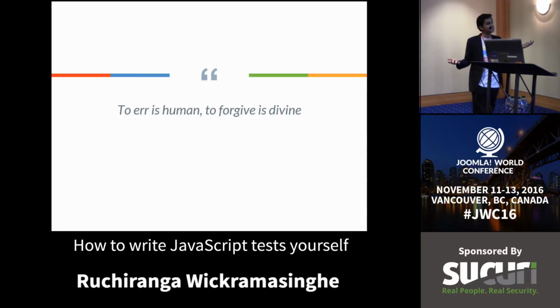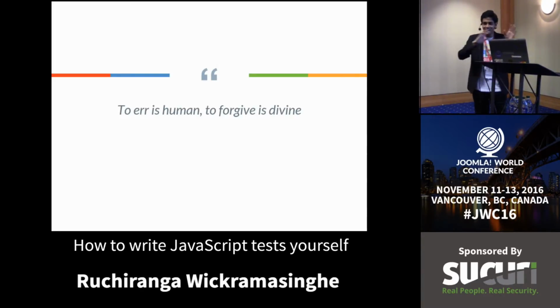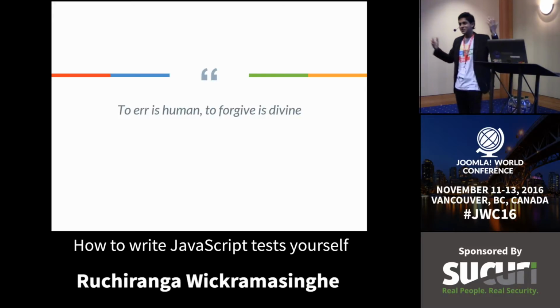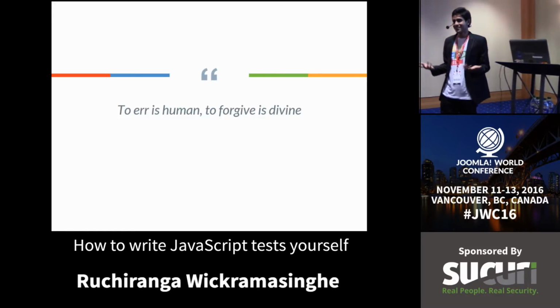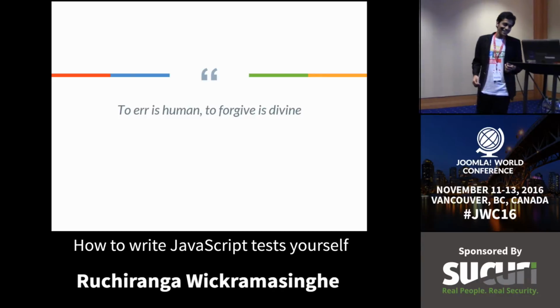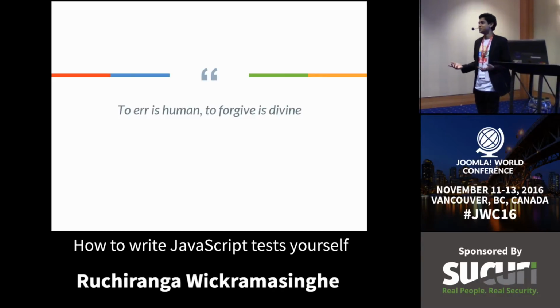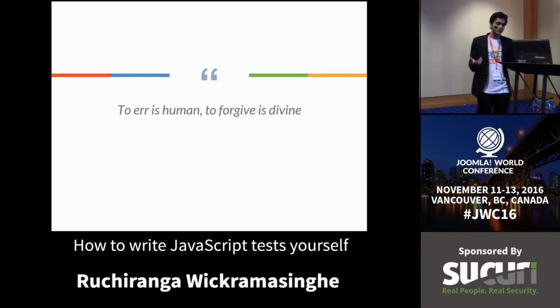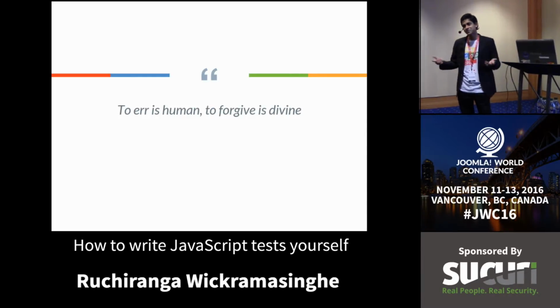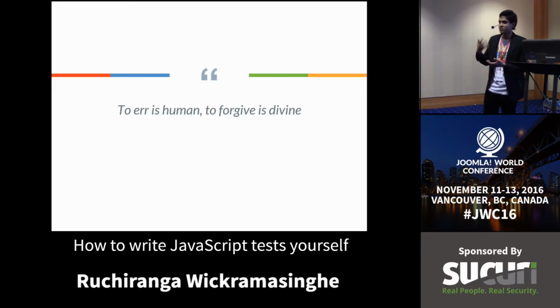We have heard this: to err is human, to forgive is divine. The forgive part does not really apply here, but it's common for humans to make errors. We cannot really expect a person to look at every consequence of a change they make. It's common, and it's okay to have some bugs. You cannot really look for everything.